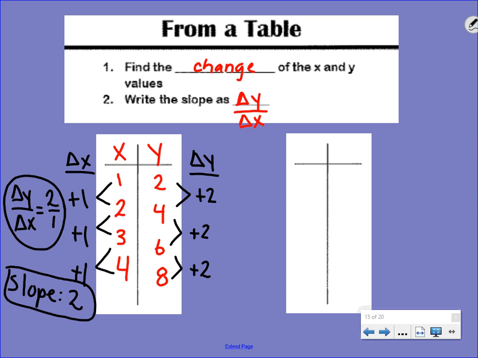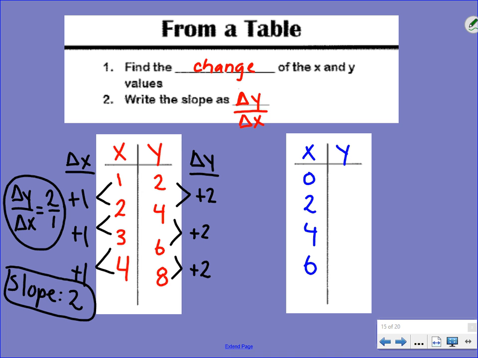For our second table, let's fill in the x and y values. For x, let's do 0, 2, 4, and 6. For y, negative 5, negative 10, negative 15, and negative 20.